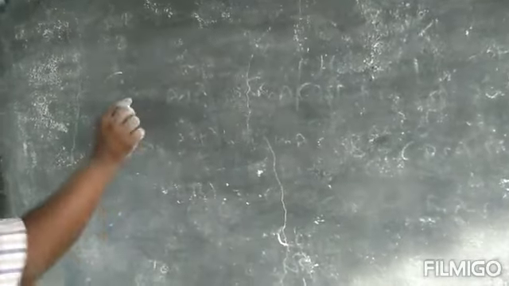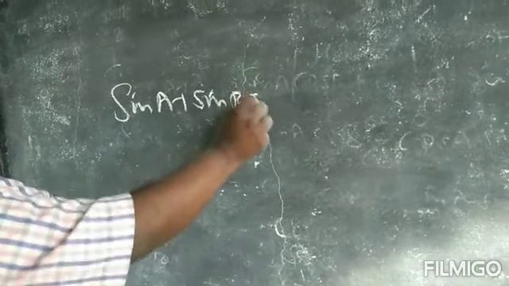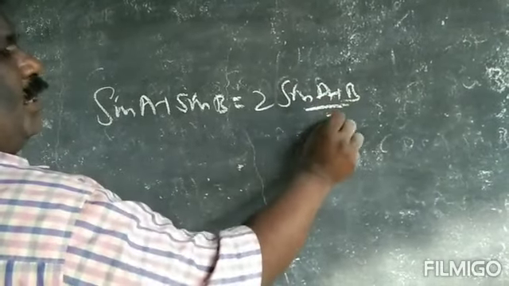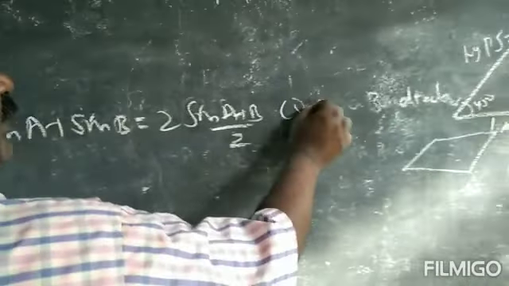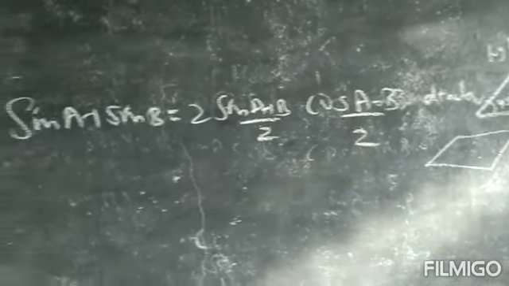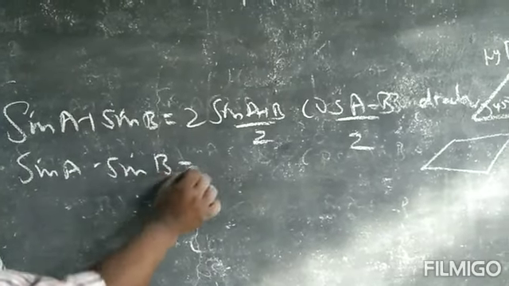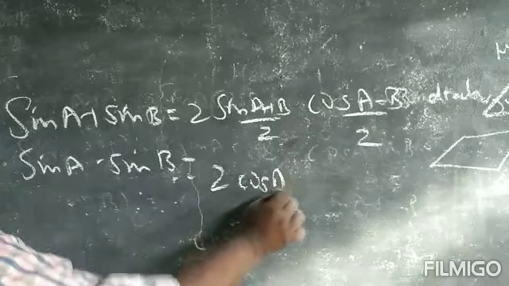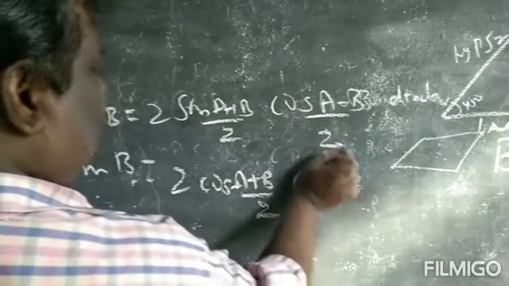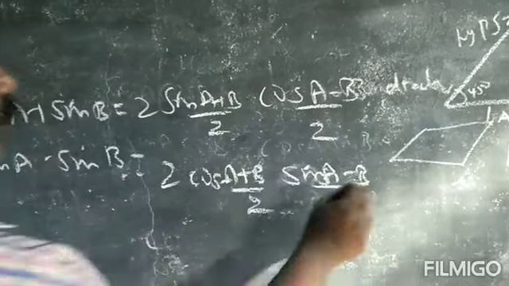Likewise, when we take into account sin A plus sin B, it is equal to 2 sin A plus B by 2 cos A minus B by 2. So sin A minus sin B is equal to 2 cos A plus B by 2 into sin A minus B by 2.